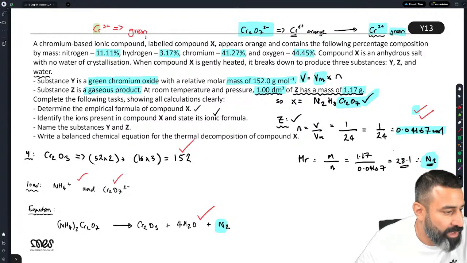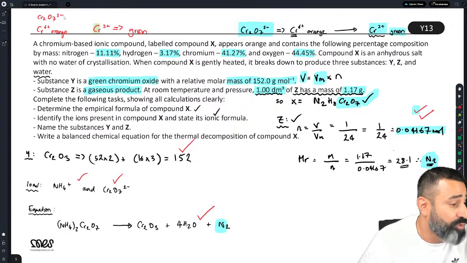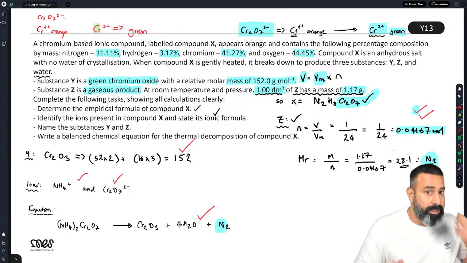Chromium is going to be metallic looking. Chromium 3 plus, whether it's bonded to oxygen or other things, is most likely going to be green. And Cr6+ is going to be orange. And one chromium 6 plus species that we know is this one, the dichromate ion. So that's what it was saying.